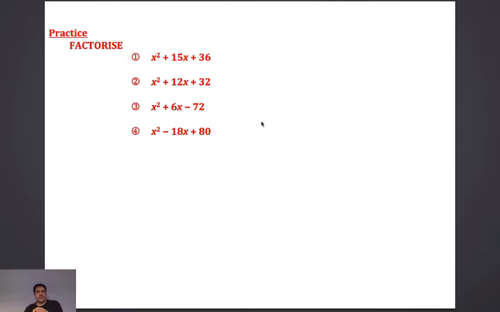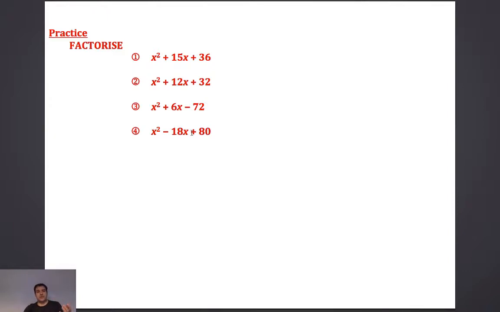So 2 factors of minus 72 that add up to 6 would be 12 and minus 6. 12 times minus 6 makes minus 72, and 12 plus minus 6 makes 6. So your brackets are going to say x plus 12 and x minus 6 for that one.